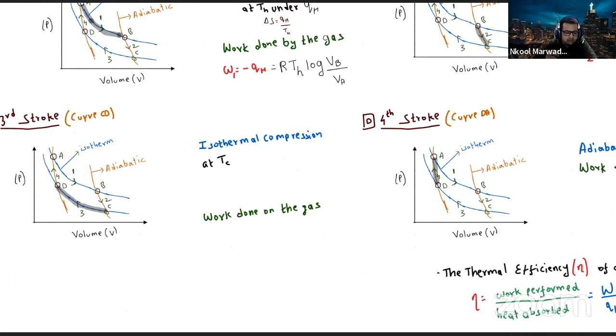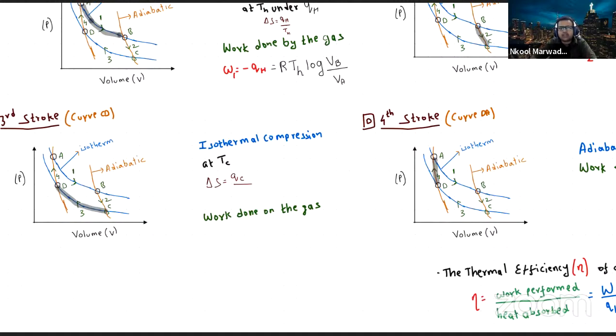Yeah, and energy is released to the cold sink, that we have already seen, and there will be a change in entropy, and change in entropy we can write mathematically: delta S is equal to QC upon TC. Here QC is the energy sucked by the cold sink, and TC is the temperature of the cold sink.